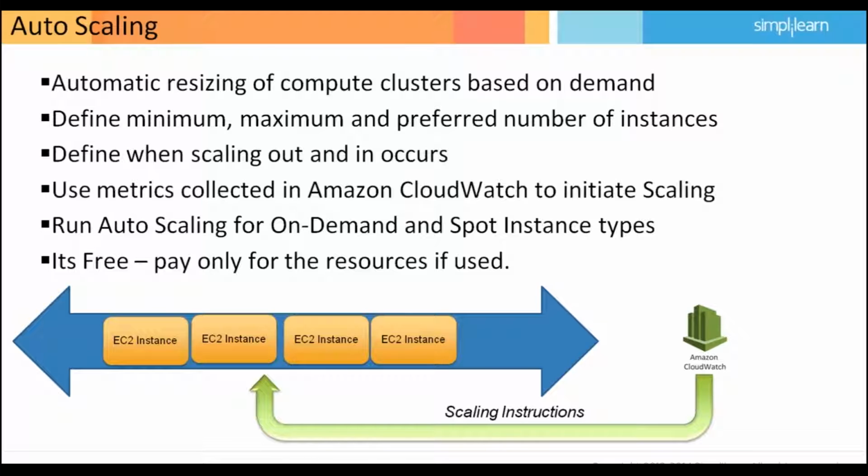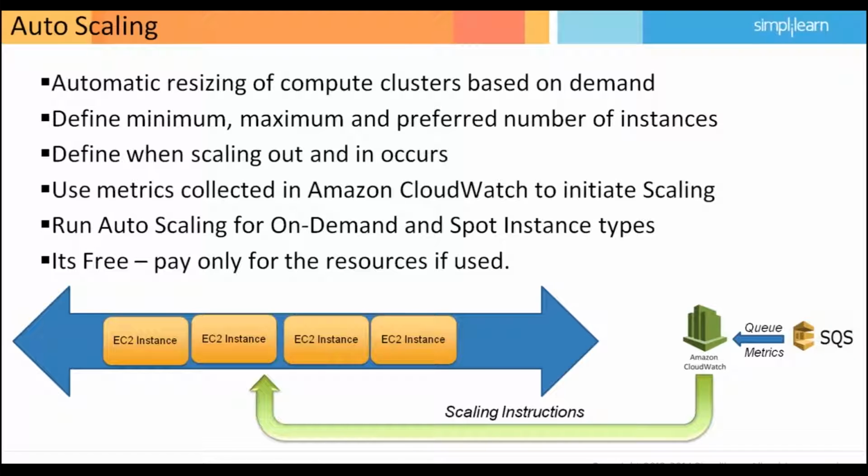So you have to define at what point you are okay to survive economically, because if you put this to infinity, you'd have hundreds and thousands of servers booting up, and that means you need to pay for all the usage that's happening, right? On the other hand, this is one way, using CloudWatch.